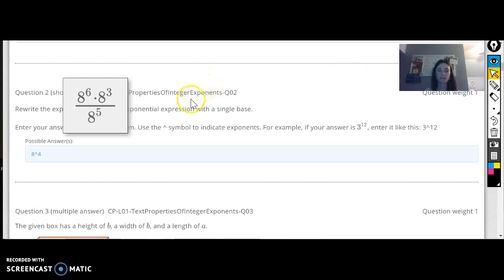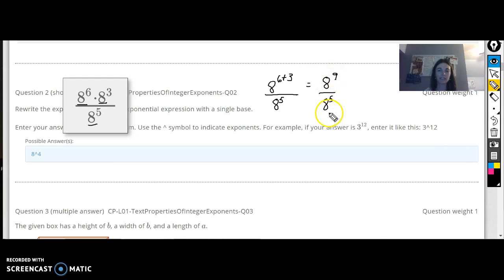So 8 to the 6th times 8 to the 3rd over 8 to the 5th. Notice that all three of the bases are the same, and so we can easily work with this. I'm going to start with what's in the numerator, and I'm going to add those exponents. So 8 to the 6th plus 3 over 8 to the 5th. 6 plus 3 is 9, so 8 to the 9th over 8 to the 5th.